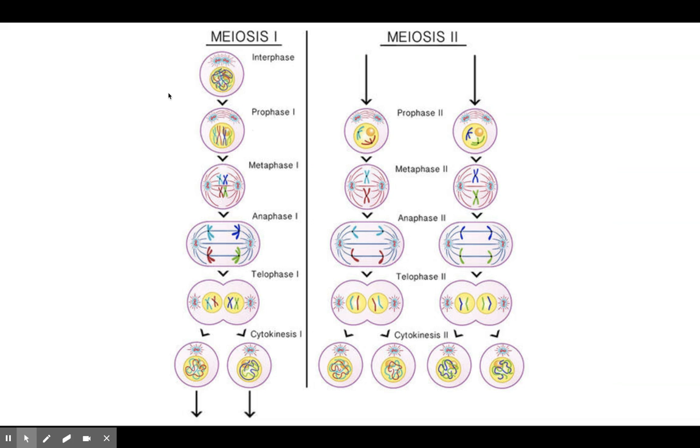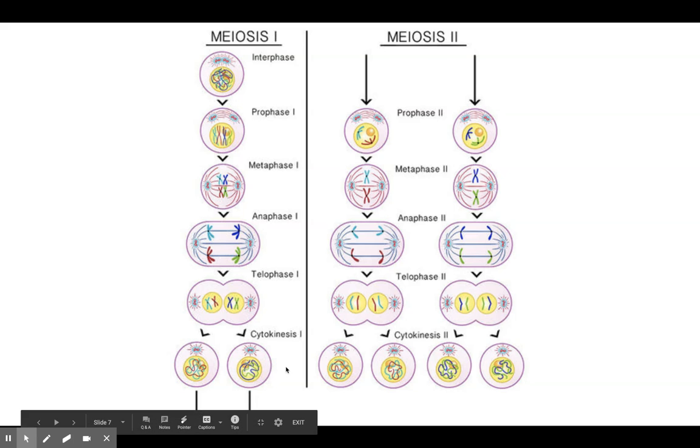The first thing that takes place is interphase. This is just kind of like a pre-process. Once the cell goes through interphase, it then goes through prophase, metaphase, anaphase, telophase, until finally it reaches cytokinesis, which is what splits the cell in half. So we're starting off with a mother cell, and then we're ending with 2 daughter cells.